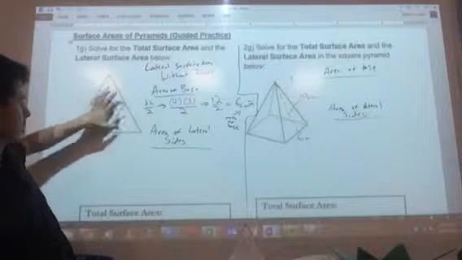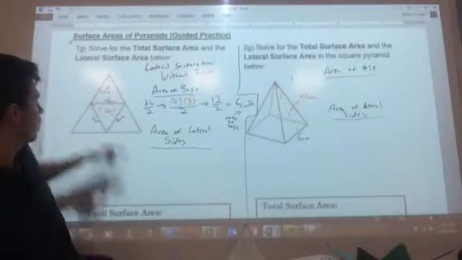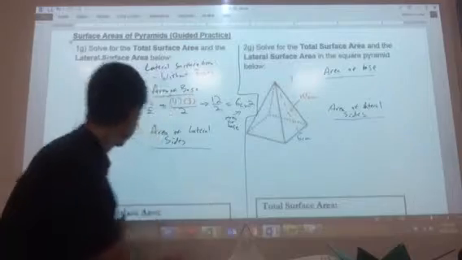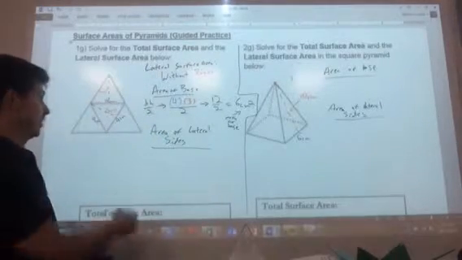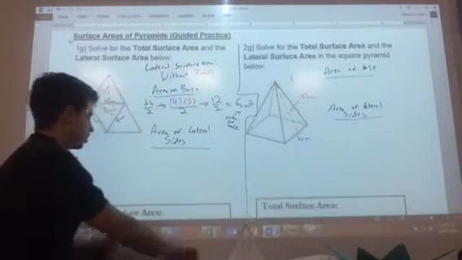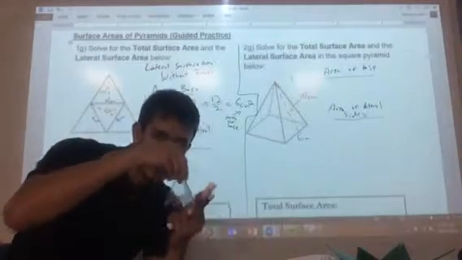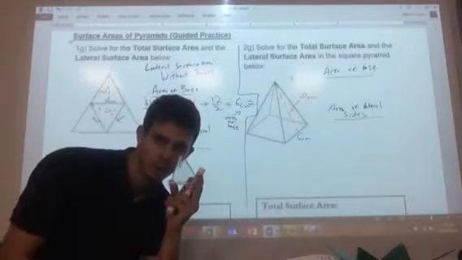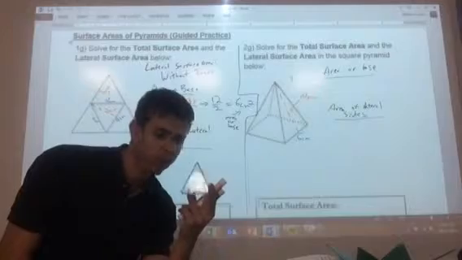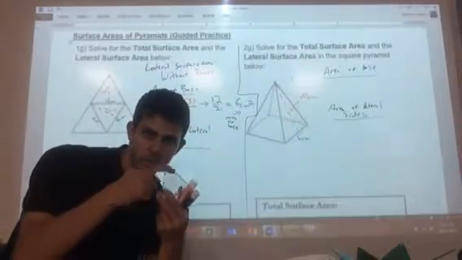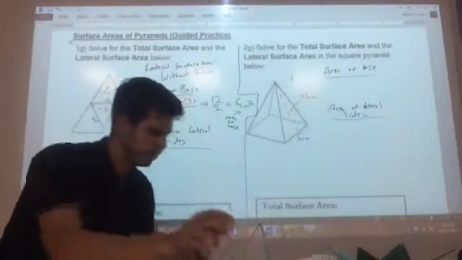So all these three triangles are the same. Therefore, what I can do is just figure out the area of 1, which is actually the same as the base, and then just multiply by how many lateral sides there are. How many are there in a triangular pyramid? Well, there's 1, 2, and 3.